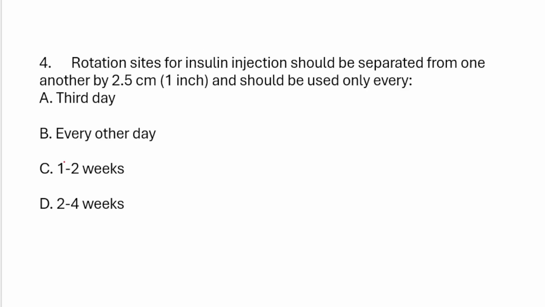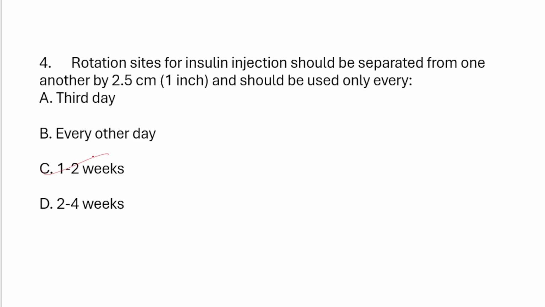Next question. Rotation sites of insulin injection should be separated from one another by 2.5 inches and should be used only every A. third day, B. every other day, C. 1 to 2 weeks, D. 2 to 4 weeks. The answer is C, 1 to 2 weeks.